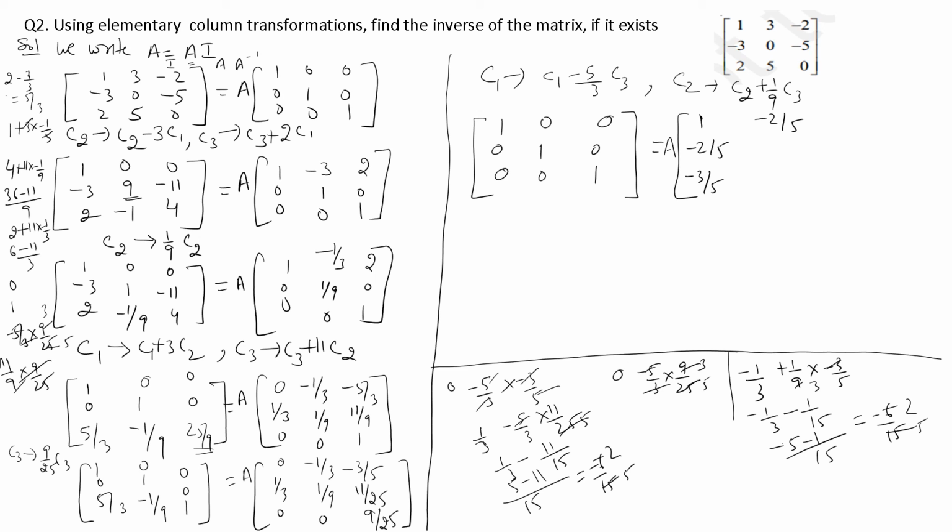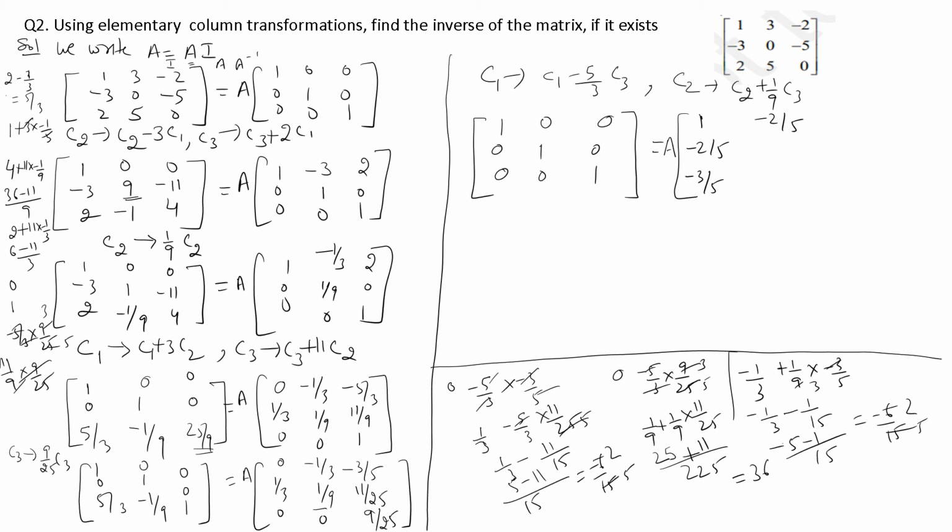Okay. Now next is again C3. So this is 1 by 9. Okay. C2: 1 by 9 plus 1 by 9 times C3. This is 11 by 25. So 11 by 25 here. So the LCM is 225. This is 2. Okay. And this is 25. And plus 11.